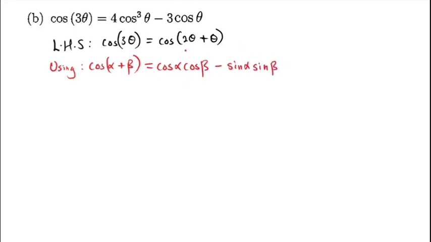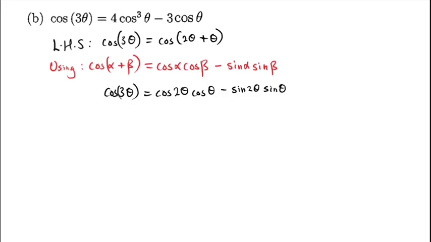So let's substitute. This means that cos 3 theta equals, now we apply this identity, cos alpha is cos 2 theta, cos beta is cos theta, minus sine alpha is sine 2 theta, sine beta is sine theta. Now we have the double angle identities, so let's replace those as well.